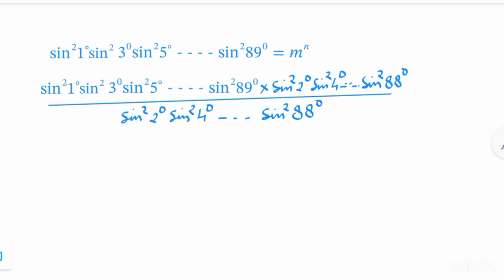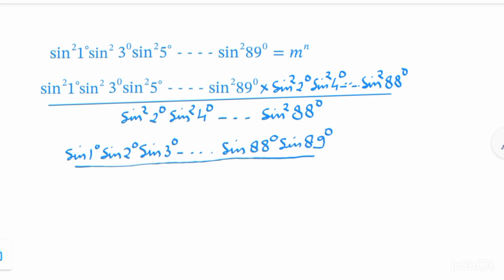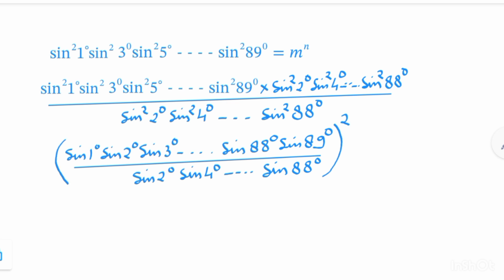Now this can be written as sine 1 degree, sine 2 degree, sine 3 degree and so on to sine 88 degree, sine 89 degree, divided by sine 2 degree, sine 4 degree and so on to sine 88 degree, and the square will be the whole square of this whole expression.